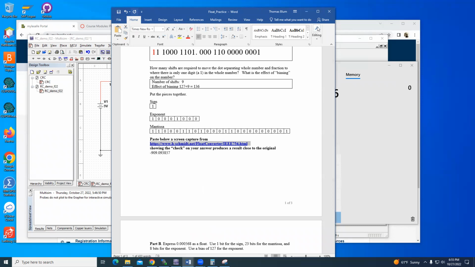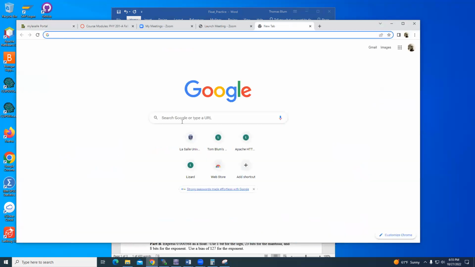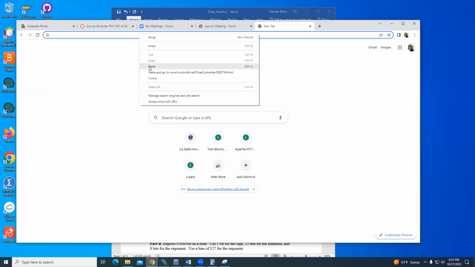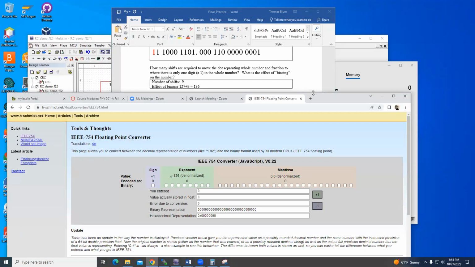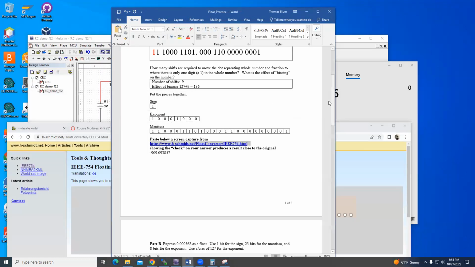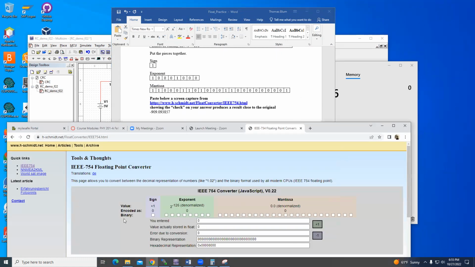And now I'm going to check it. You can use whatever one you want. This is the one that I've gotten used to. And so the sign was a 1, then it was 1 and a 1.